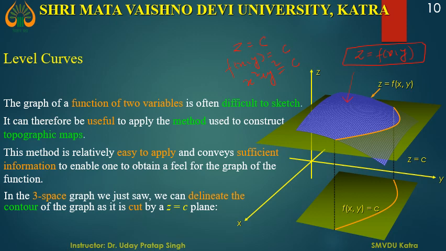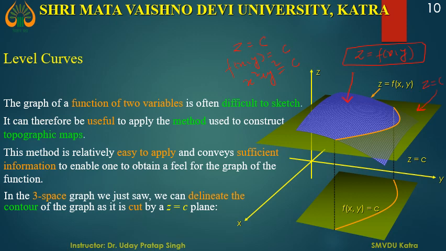If z equal to f of xy, this blue shape, is cut by a plane, which plane? Z equal to c. Suppose you cut this by a plane, see this green surface, this is z equal to c, right?